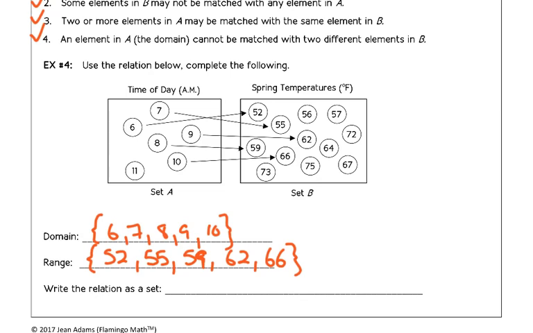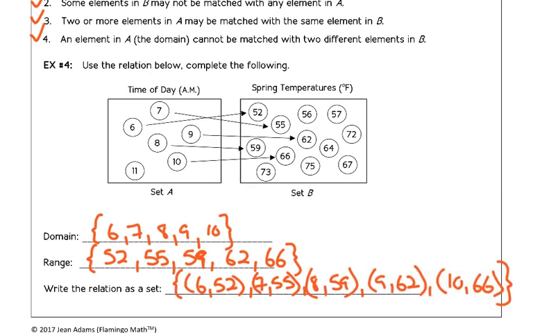Well, it's going to be a set of ordered pairs, as we described at the beginning of our notes. All right, and this would be the set of my ordered pairs, right? So this is my relation as a set. So the (6, 52), for example, I know that came from here where my 6 in my domain mapped to 52 in my range. Right, and so on and so forth. That's where I got those sets of ordered pairs.